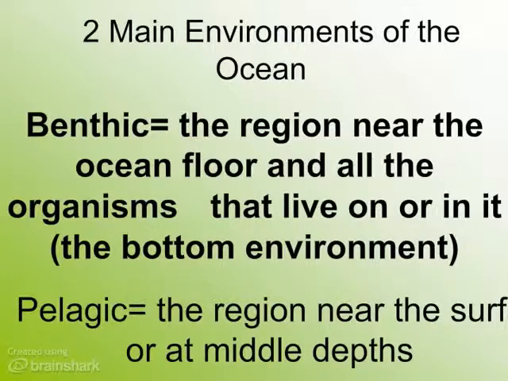This could be anywhere, on the shore, all along the continental shelf, the slope, the abyssal plain, the trenches, anywhere along a mid-ocean ridge, anywhere that's on the bottom. And the pelagic environment is basically everywhere else, so either near the surface or at middle depths.